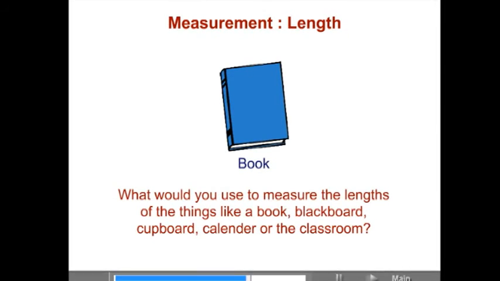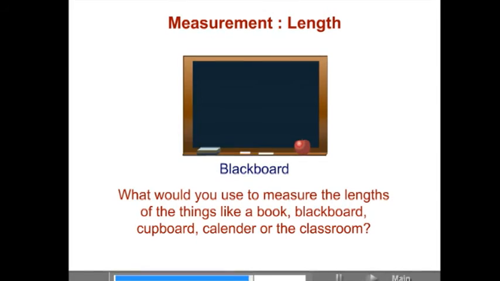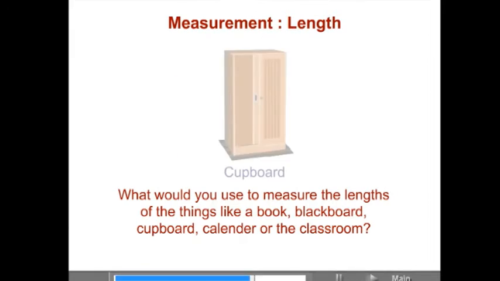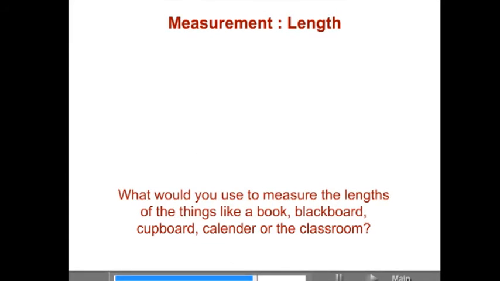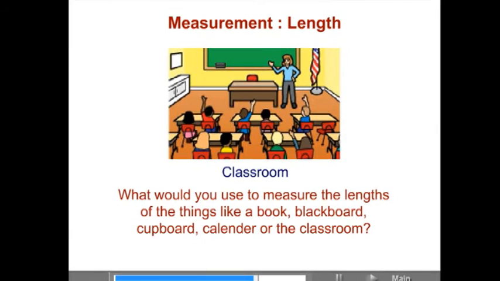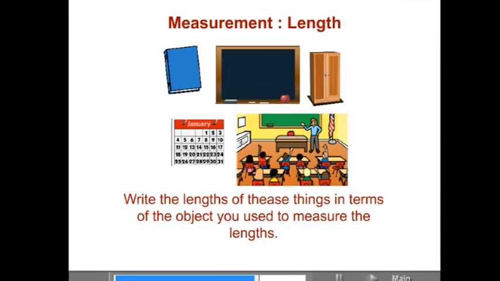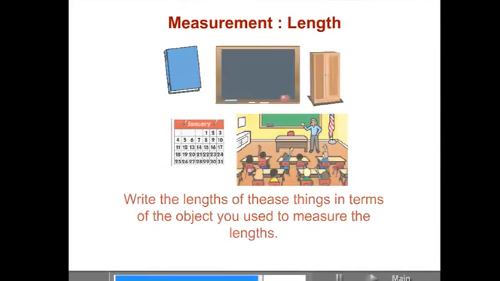What would you use to measure the lengths of things like a book, a blackboard, a cupboard, a calendar, or the classroom? Write the lengths of all these things in terms of the object you used to measure their lengths.